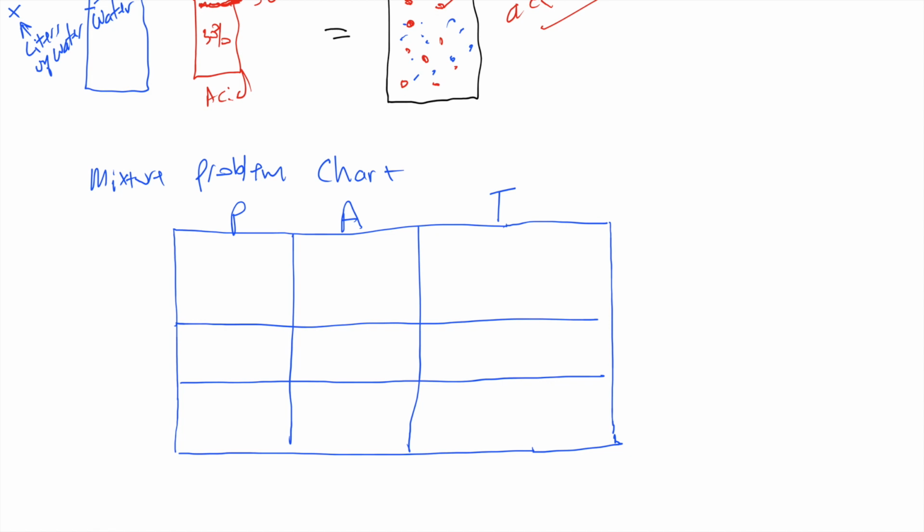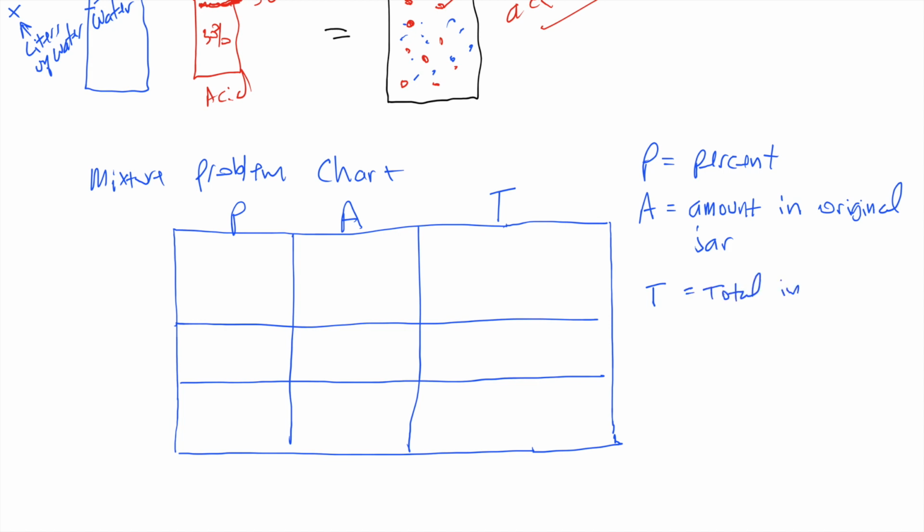The P stands for percent, but put it in decimal. The A stands for amount in original jar or container. And the T is the total in the new container, in the new mix.